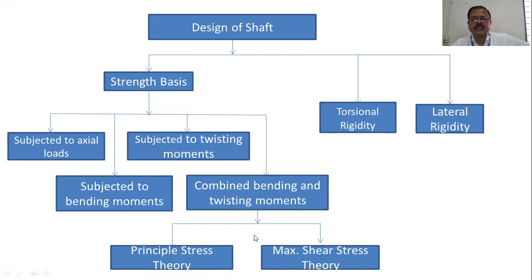Again, there are certain codes for design of shaft, and one such code we commonly use is that shafts are designed on the basis of ASME codes, where we design the shaft based on maximum shear stress theory only. That we will talk about in our next video. So these are the different bases for the design of the shaft.